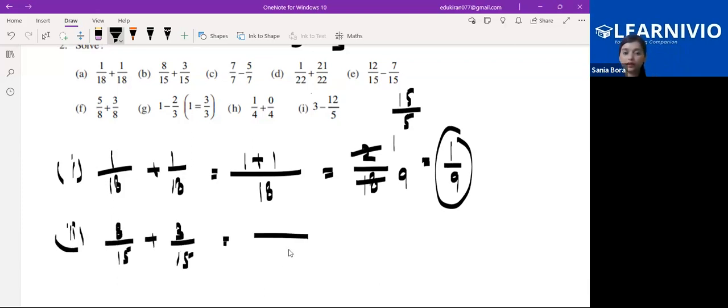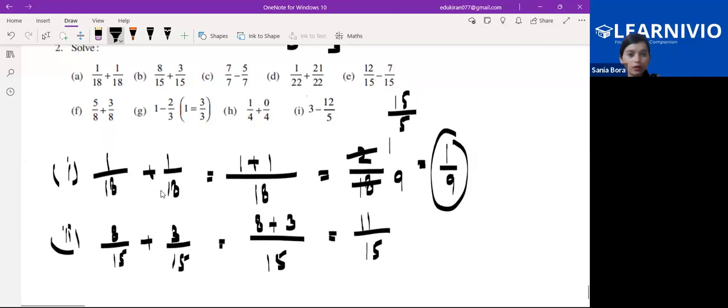So you will write 15 here. Okay? And here 8 plus 3. So 8 plus 3 is 8, 9, 10, 11 by 15. You cannot simplify 11 by 15, right? So that's why you will leave it. Okay? Yes. So, ma'am, the answer will be 11 by 15 as it is.